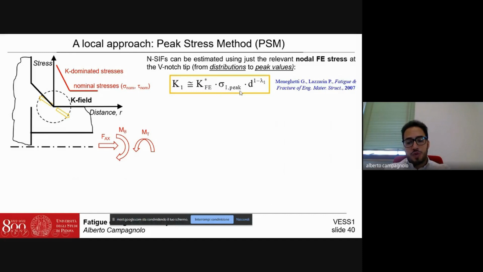Using the opening peak stress, we can estimate quite in a good manner the notch stress intensity factor due to mode 1 loading, typically axial or bending loading.